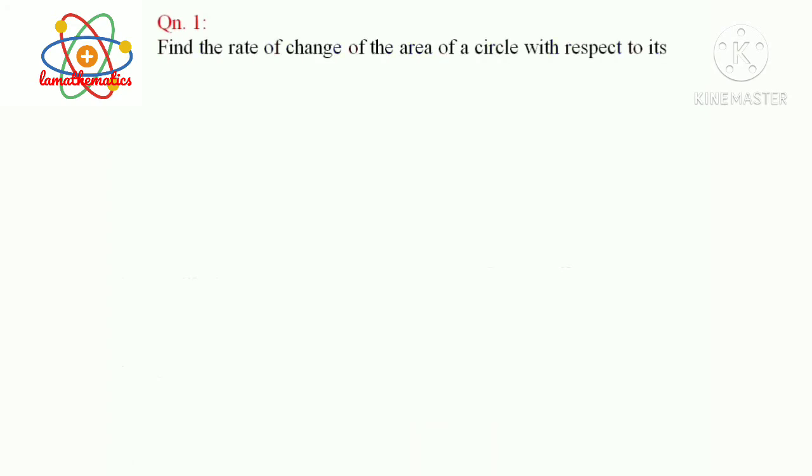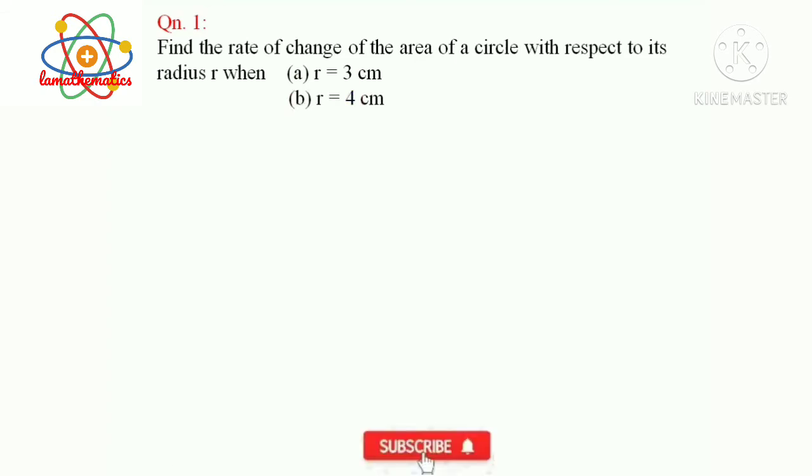Question number 1. Find the rate of change of area of a circle with respect to its radius, when first r equal to 3 centimeter, second r equal to 4 centimeter.